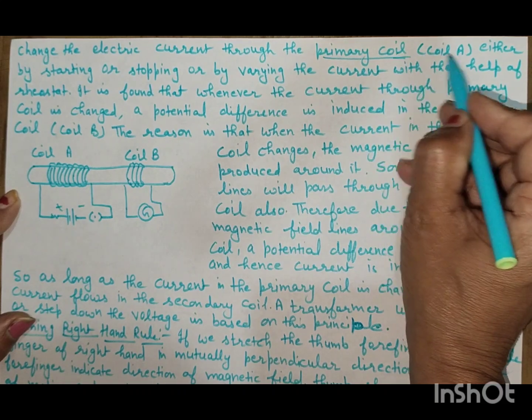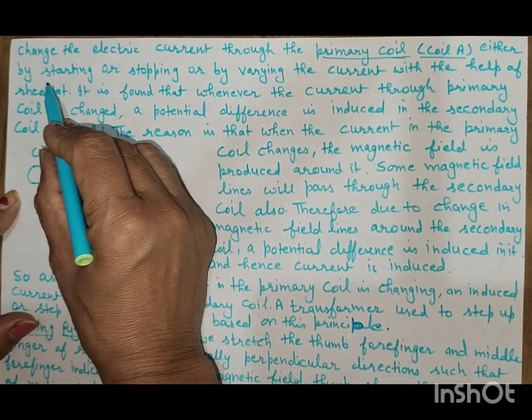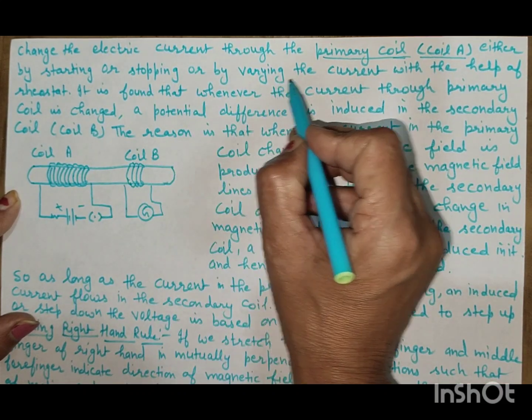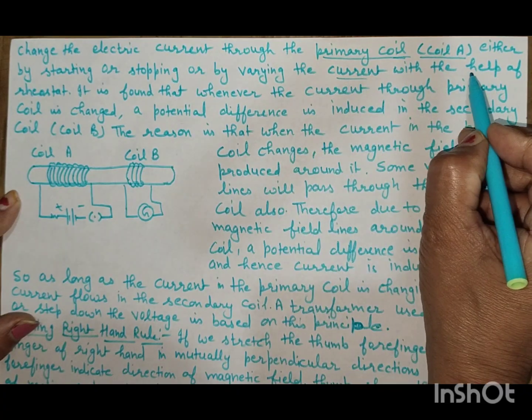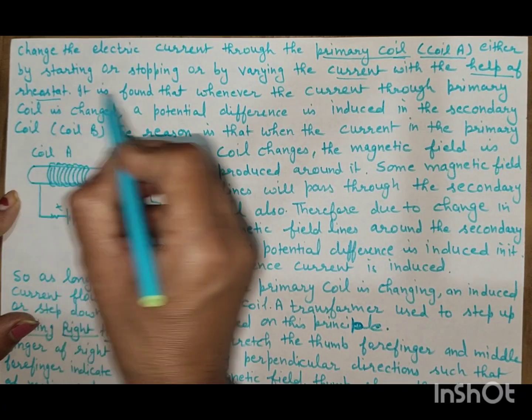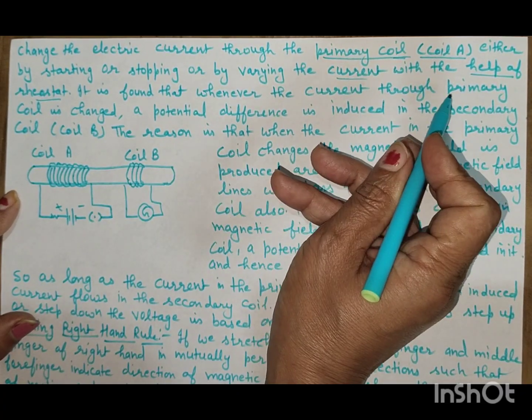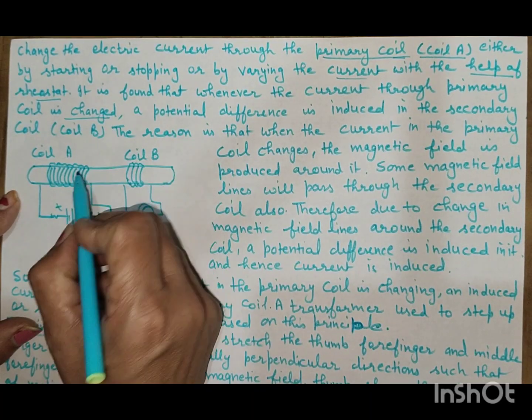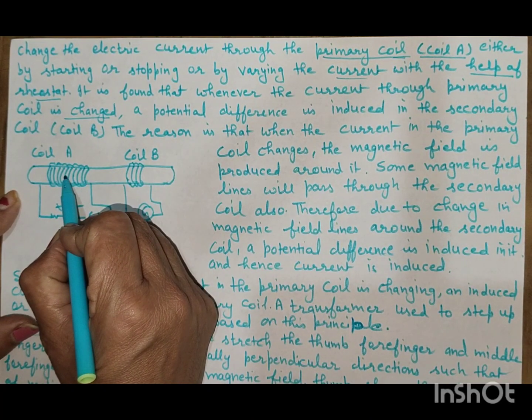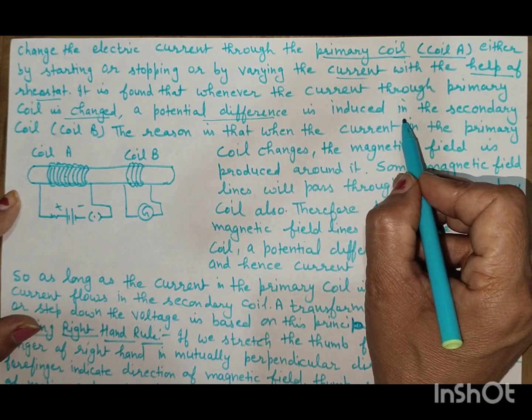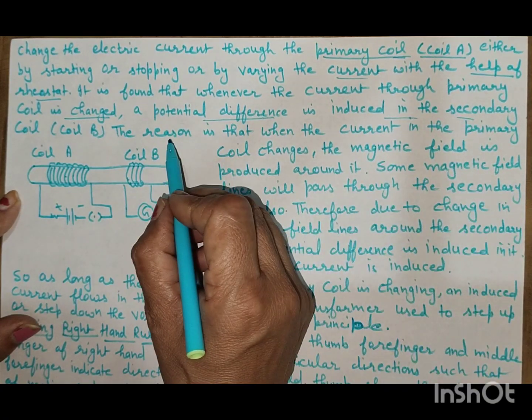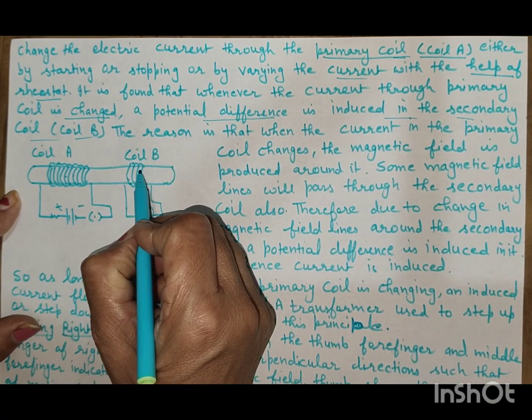Now change the electric current in coil A, either by starting or stopping it or by varying the current with the help of the rheostat. It is found that whenever the current through the primary coil is changed, a potential difference is induced in the secondary coil. This is coil B.